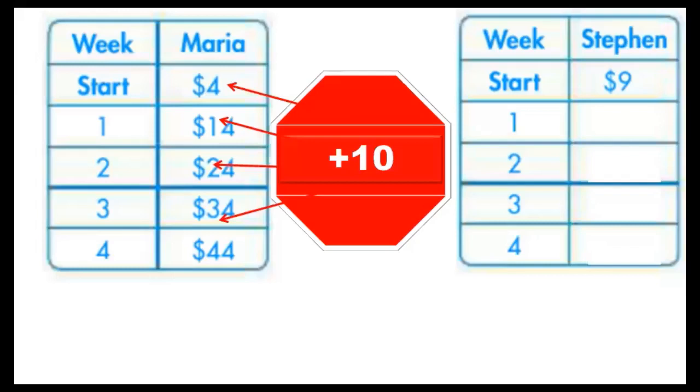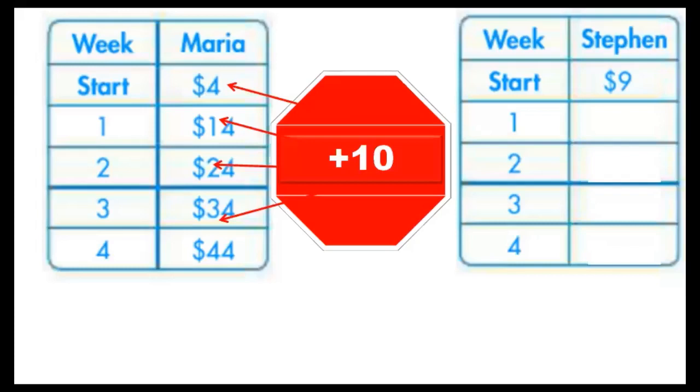Mr. Walid, from where do you know that the pattern equals plus 10, or adding 10? There are two reasons that informed me that I'm going to use add 10 as a rule for this table. The first one is the statement itself. He said in the first line that Maria has $4 and she will save $10 each week.